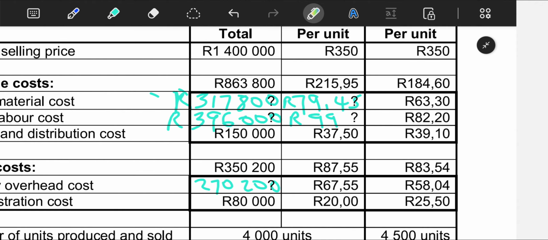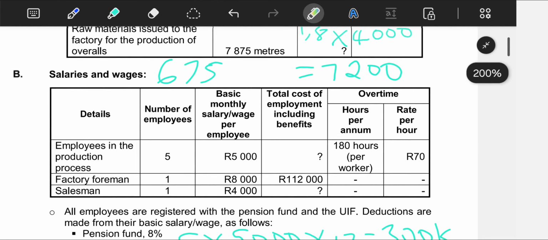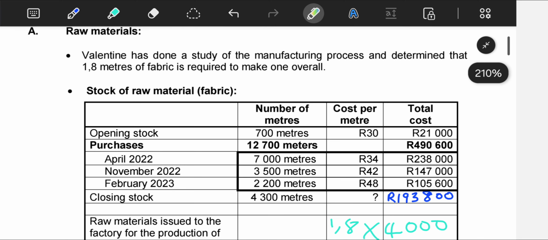They can look for cheaper material as well, because if we check, every time they buy material, when we opened, material was costing 30 rand.